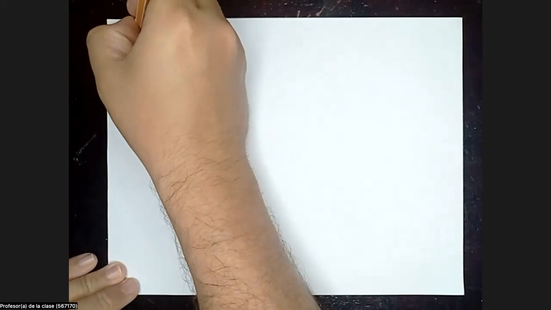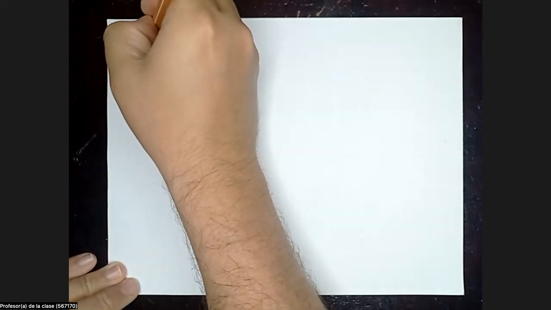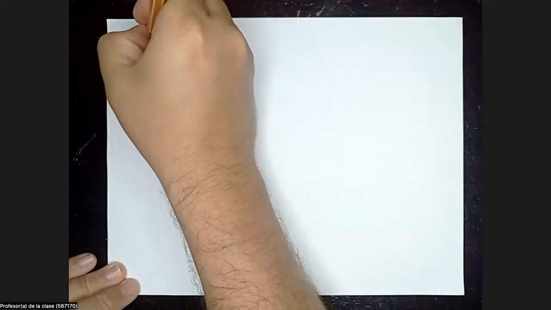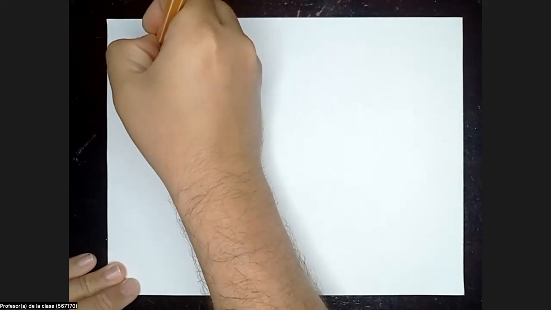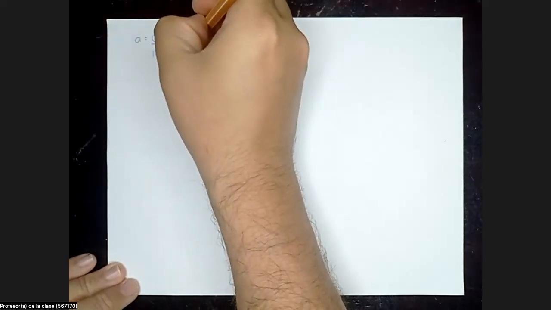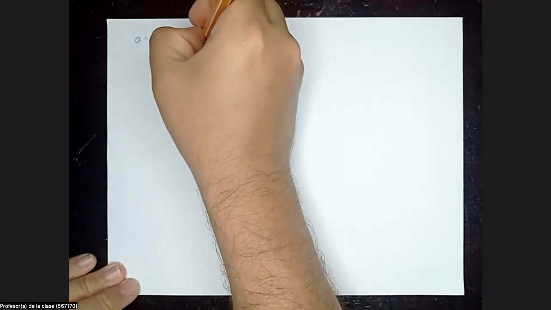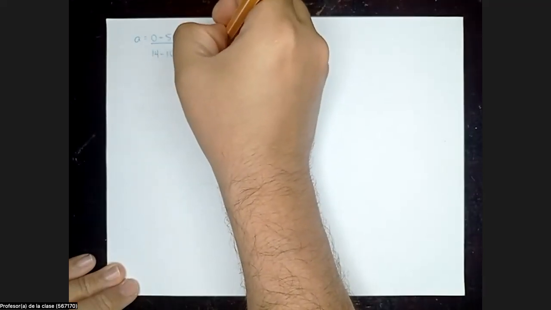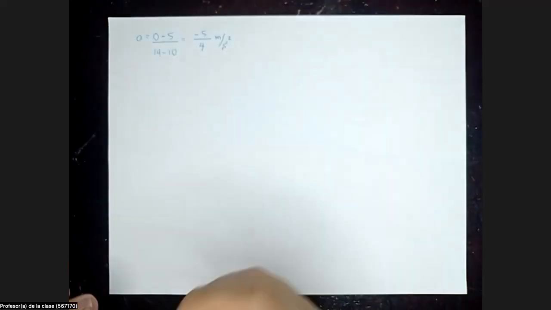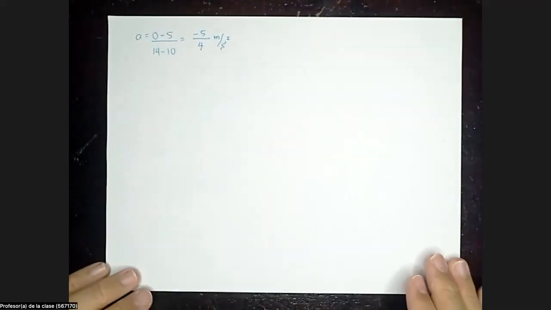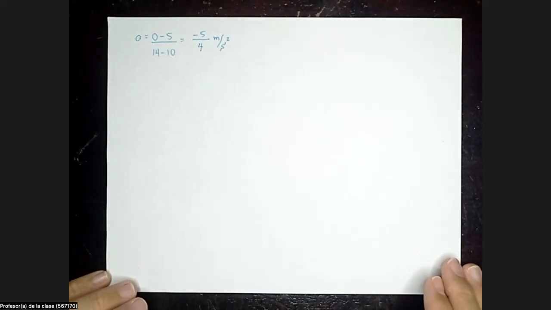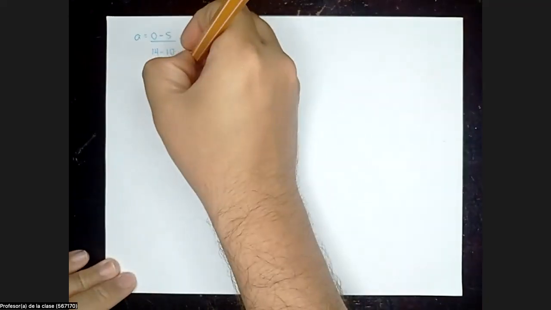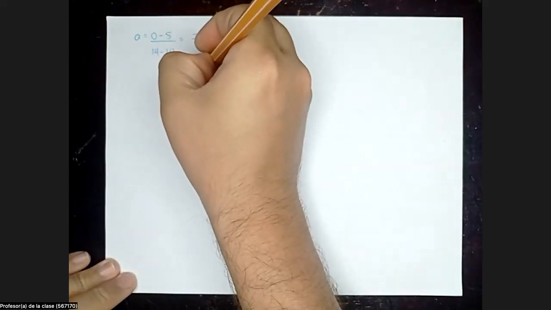So the acceleration is going to be 0 minus 5 dividing by 14 minus 10. That's going to be minus 5 dividing by 4 meters per square seconds. Okay, excellent. And the interpretation is that the object is slowing down.